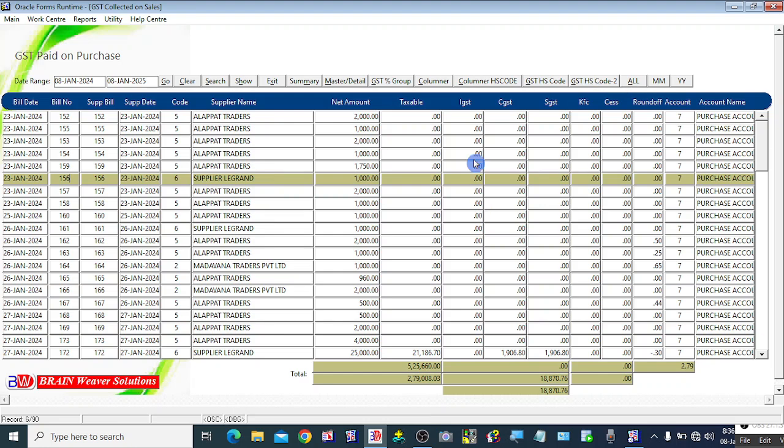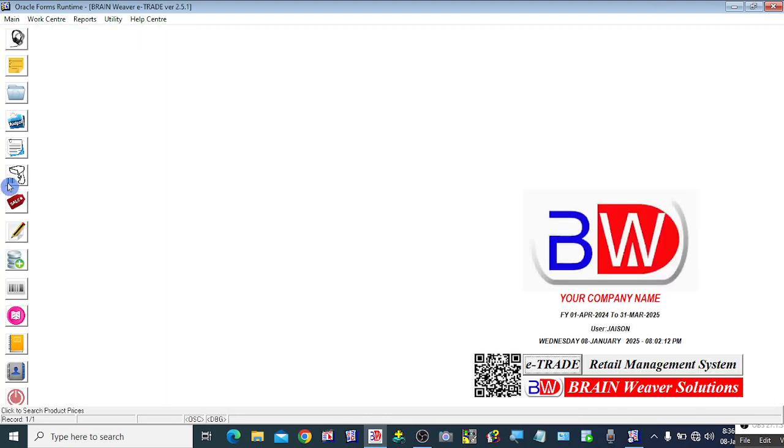You can forward the report to the auditor for monthly filing and reconciliation. So in this way, you can very easily generate statutory GST reports in Brainweaver's E-Trade Retail Management System.